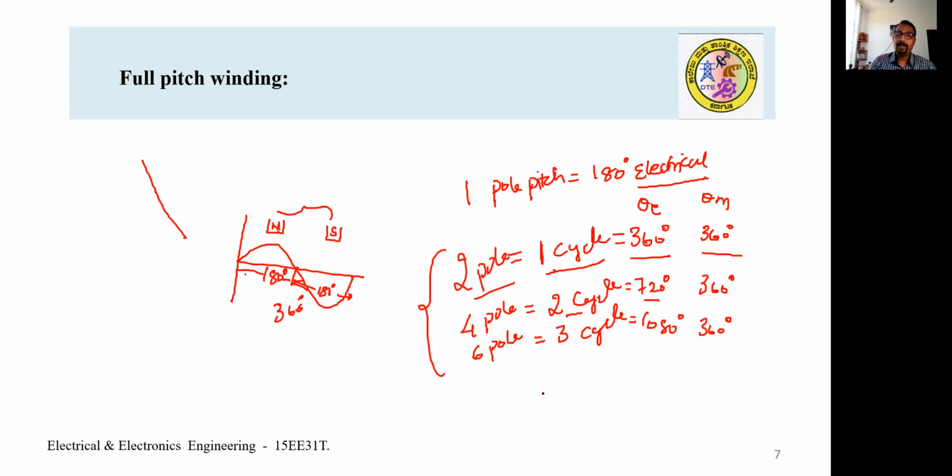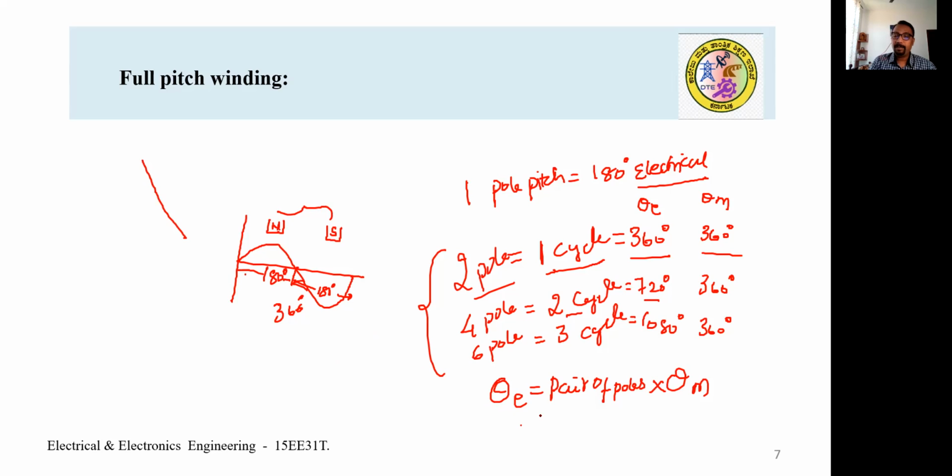From this explanation, we can conclude that there is a formula between electrical degrees and mechanical degrees of rotating electrical machines. If theta is the angle of rotation, then electrical degrees theta E is equal to pair of poles into mechanical degrees theta M. Theta M is mechanical degrees, theta E is electrical degrees.